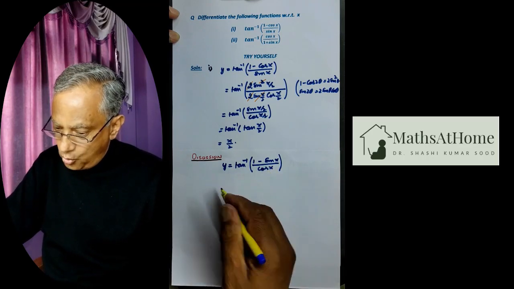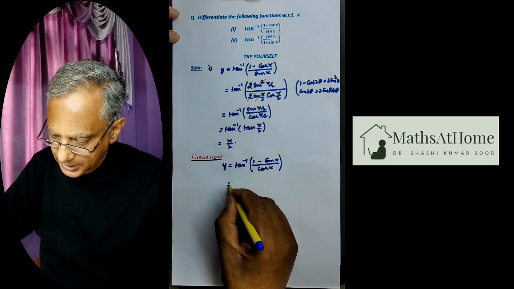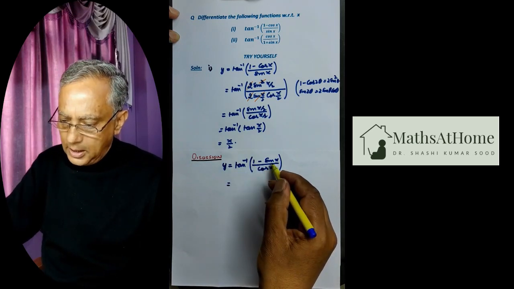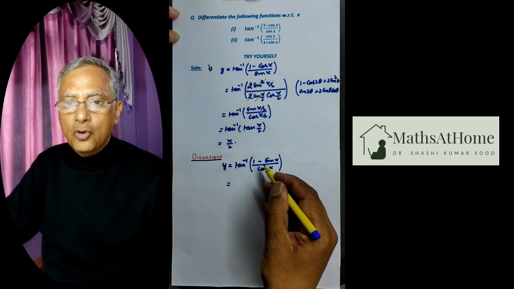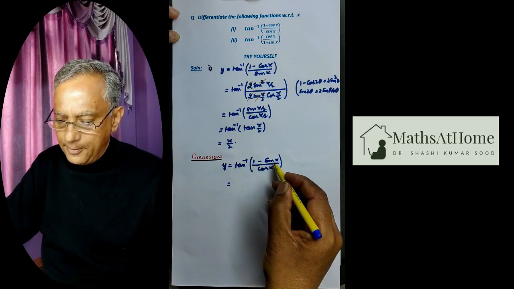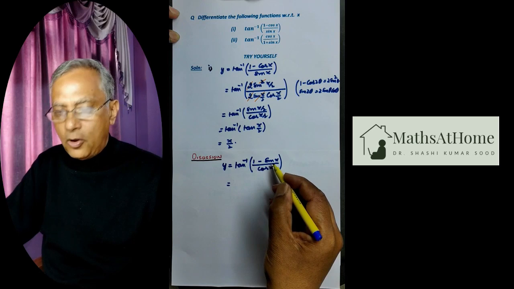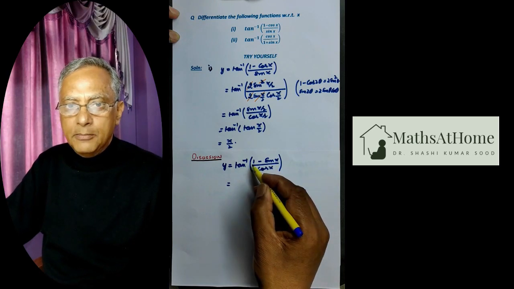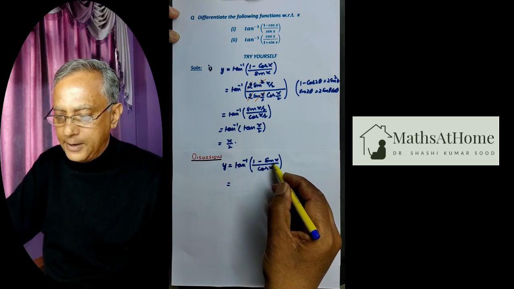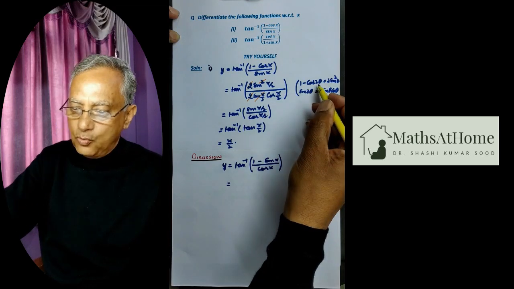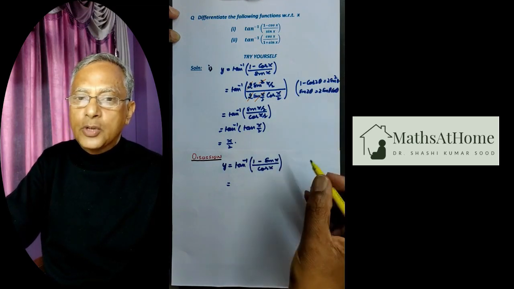So what we do in this question is, because a similar formula is available for cos, a formula for 1 minus cos x is available. There is no formula for 1 minus sin x, but we have a formula for 1 minus cos x.